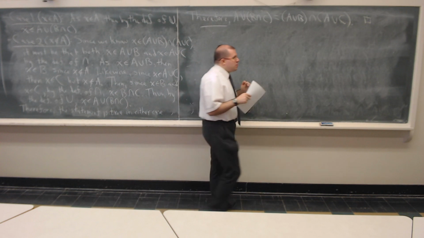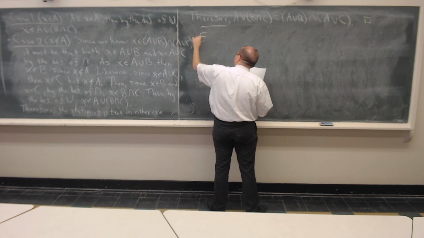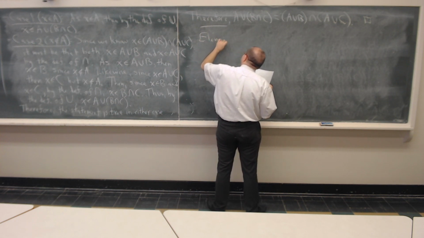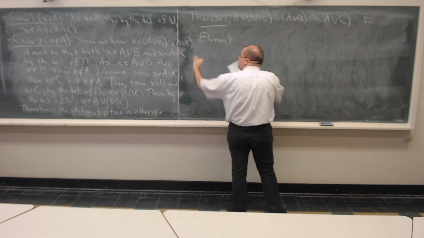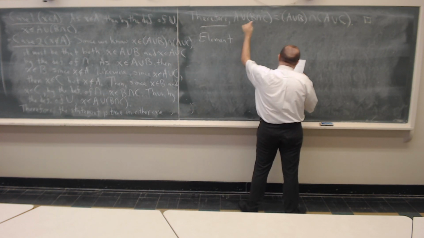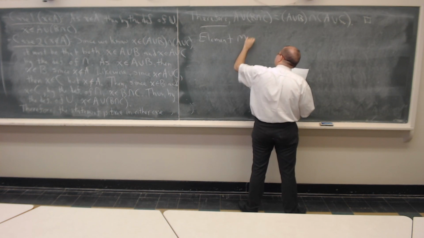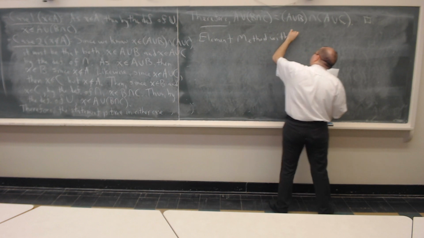So I'm going to show you a very crafty way you could come up with using this element method. And you're going to find this nice and slick because I don't have to do all this extra work. Because remember, I'm just proving it directly. That's all I've been doing up to this point. So element method with empty set.